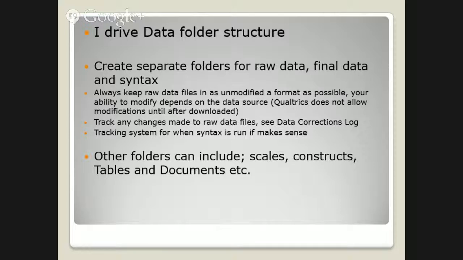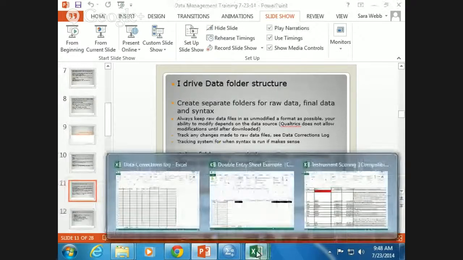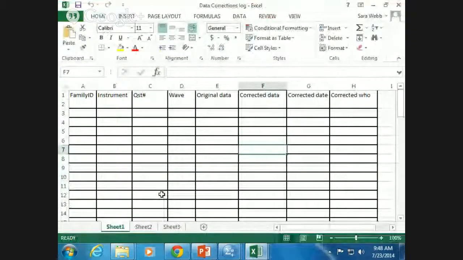And if you're making changes to your raw data files, you can use a data correction log. Here's an example of the data corrections log. I took out all the data because it had actual data in it.